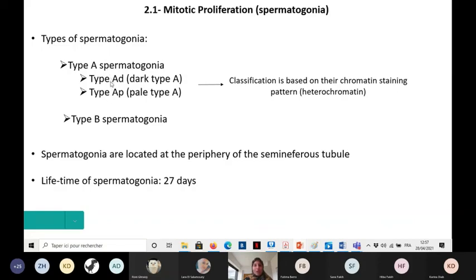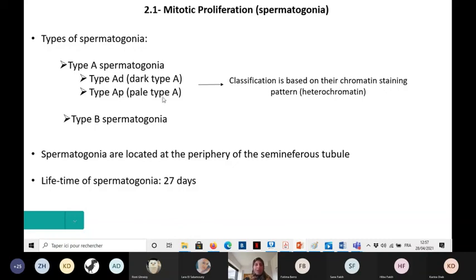We have the dark type A, which we write as AD, D for dark, and the pale type A spermatogonia, which we write as AP. So we have the AD spermatogonia and the AP spermatogonia.